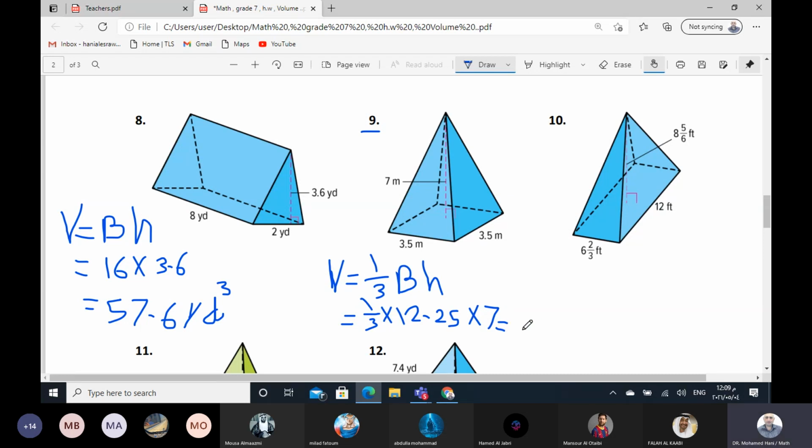So now we can calculate 1 times 12.25 times 7, divided by 3. So the answer will be 28.58 meter cubic.